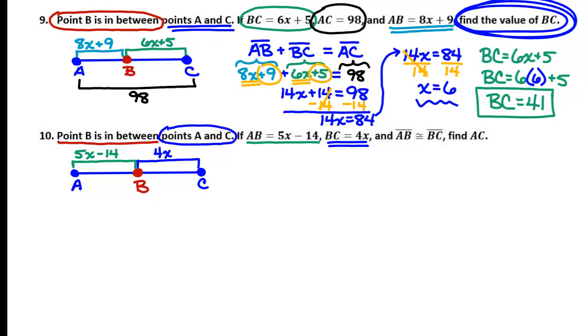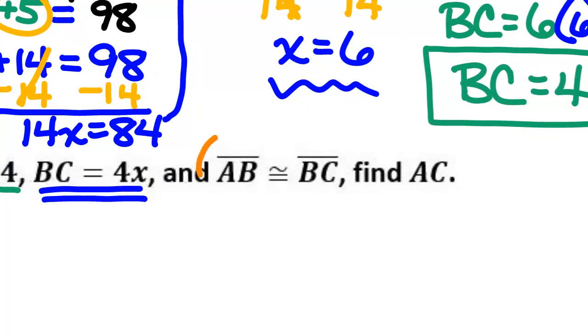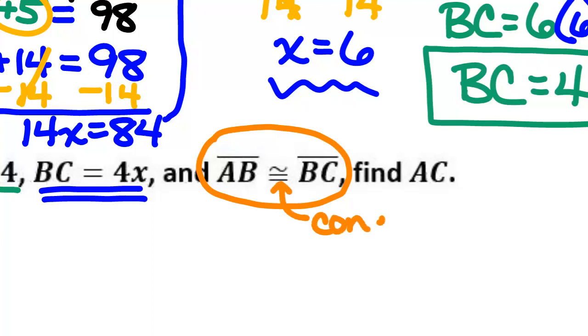Did they give me any other information to work with? AB and BC are congruent. If they're telling me that in the problem, it's probably going to be important and I'm probably going to need to use that information to solve this.